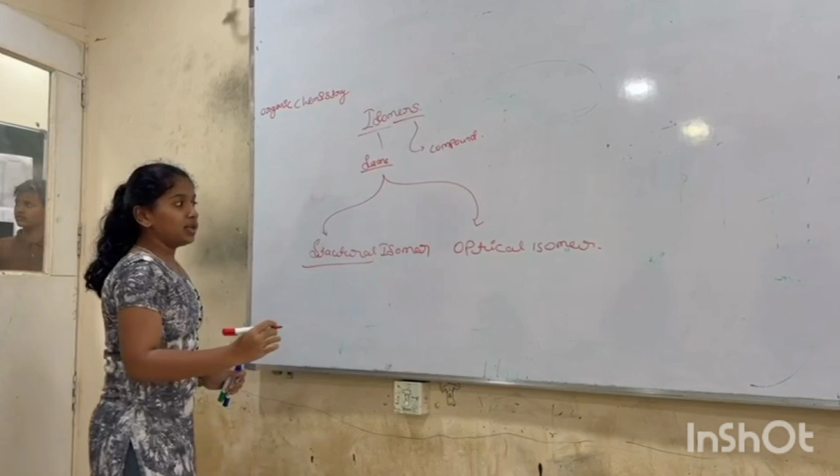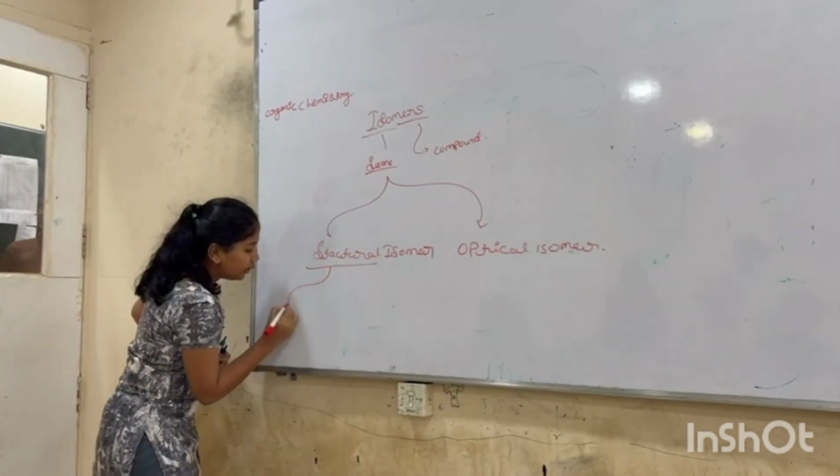In this structural isomer, there are 5 types. First one is chain isomer.